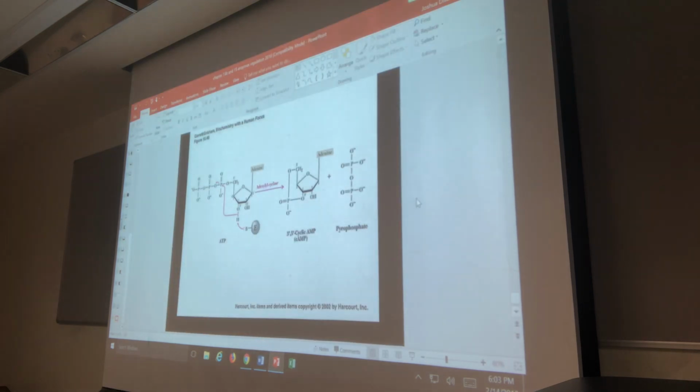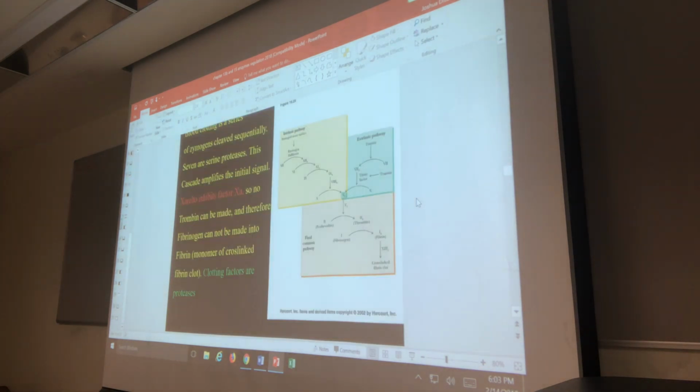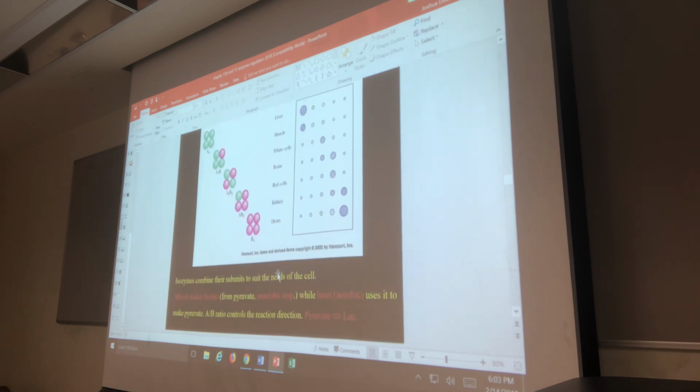To illustrate this, you can review this slide, where you can see the exact same enzyme, just made of different amounts of certain subunits. And because of that, it's going to be found in different tissues doing different things. For example, the version of lactate dehydrogenase in the heart is going to be converting lactate into pyruvate.